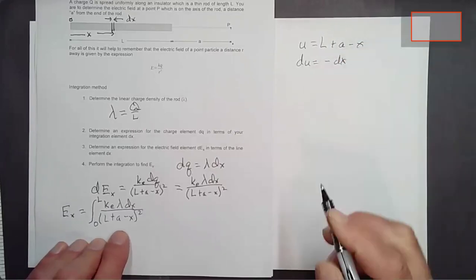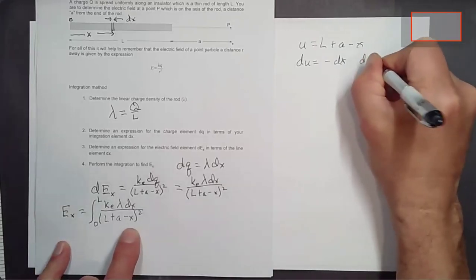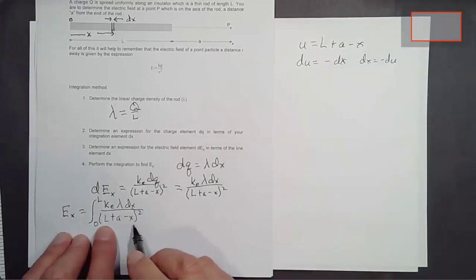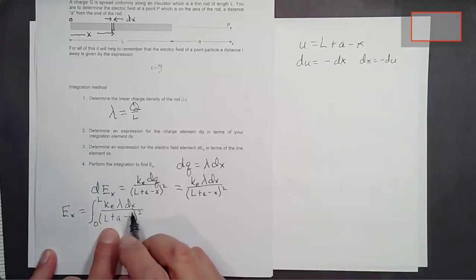So that's easy enough. I can replace dx with minus du. And this thing would just be u squared on the bottom. So that'll be easy enough.